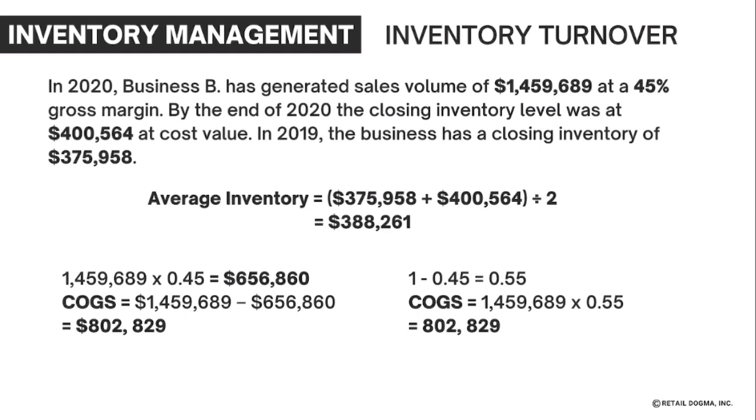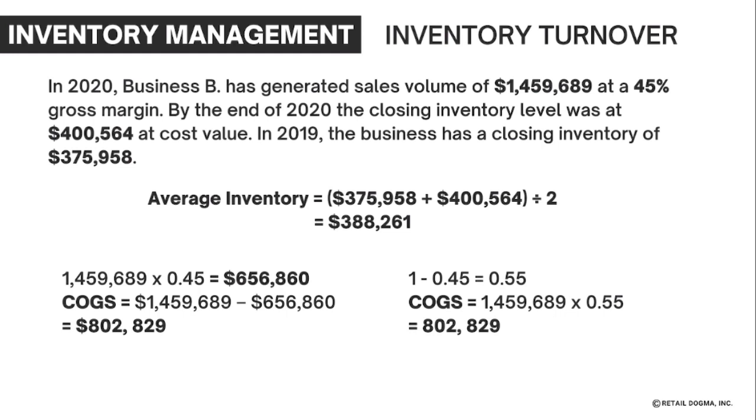Or we can use the shortcut and multiply sales, which is 1,459,689, times 0.55, which is 1 minus 0.45, because the margin was 45%. And this will give us the same amount of 802,829.